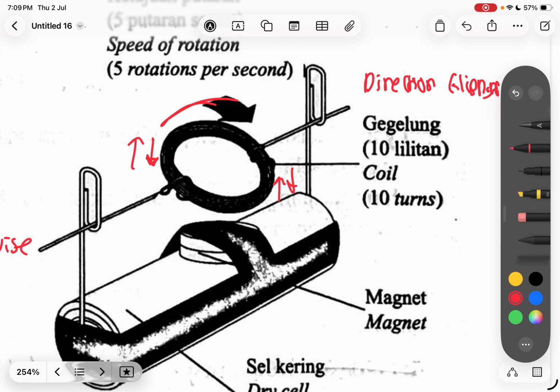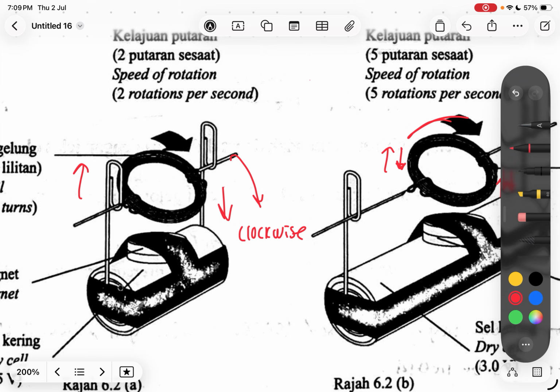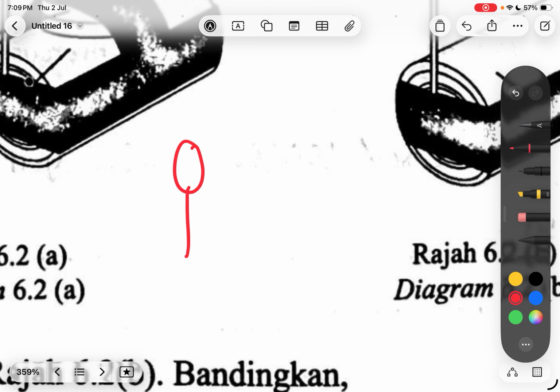So the coil would not really rotate. Instead of a clockwise force, it would be clockwise, anti-clockwise, clockwise, anti-clockwise, 50 times every second because of the hertz. Imagine if you want to push someone, the person is supposed to fall.